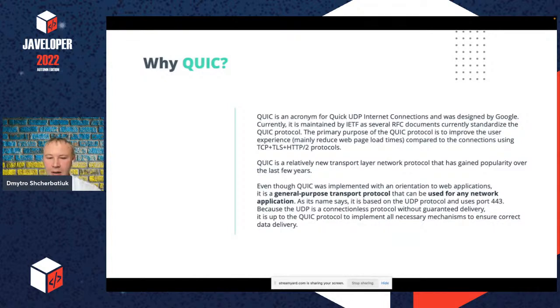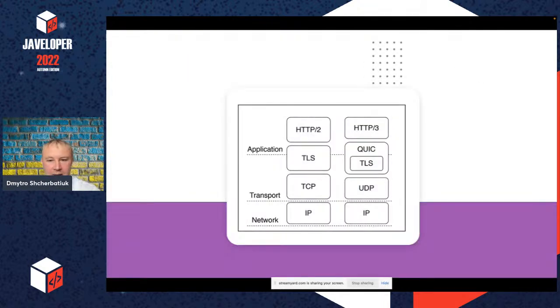QUIC is implemented based on the UDP protocol. Why on UDP? Because TCP has some restrictions like guaranteed delivery of messages and so on, but UDP does not.